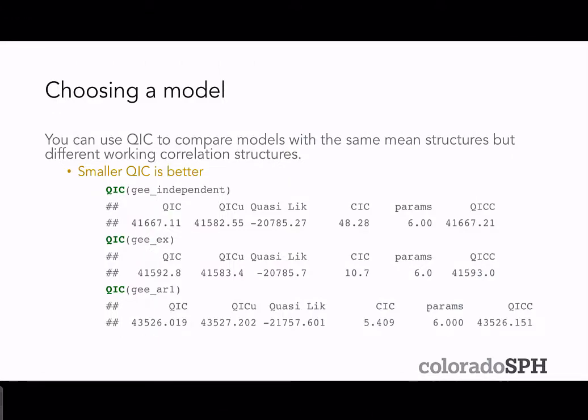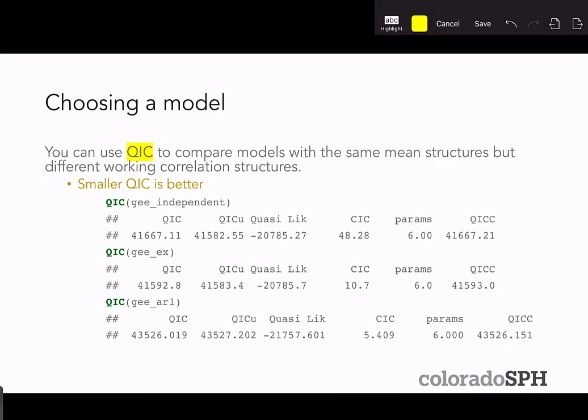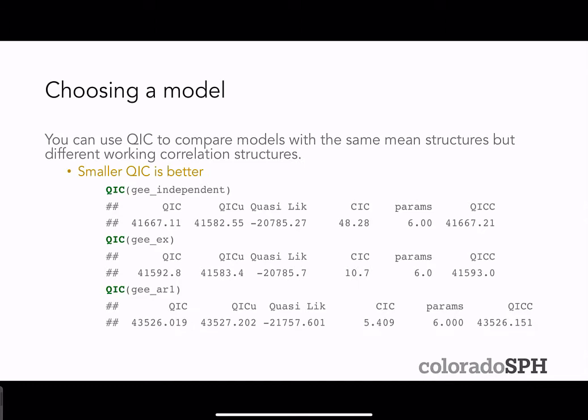So how do we know which one to choose, though? We still have to pick one of the models with one of the correlation structures. And QIC can help with that. QIC is analogous to AIC, except it's developed for GEEs, which have the quasi-likelihood instead of the true likelihood.